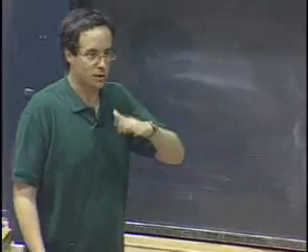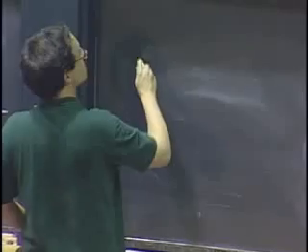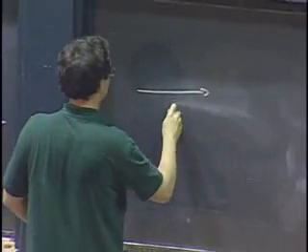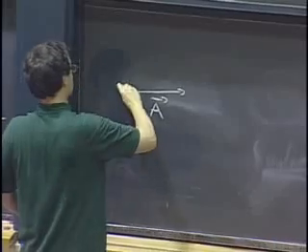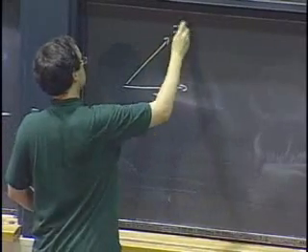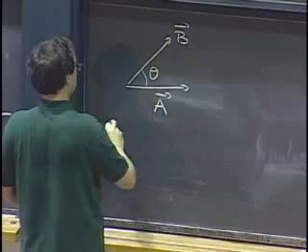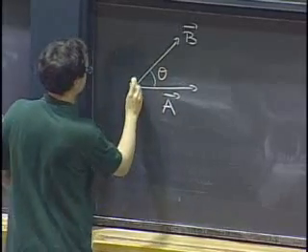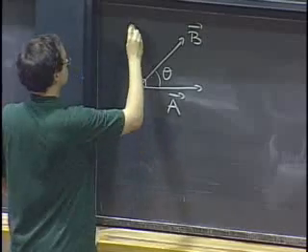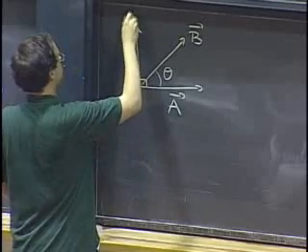Well, you've probably heard about complementary angles and how, if I take my vector A, I have my vector B here, I have an angle theta. Let's say that I rotate my vector A by 90 degrees to get a new vector A prime.